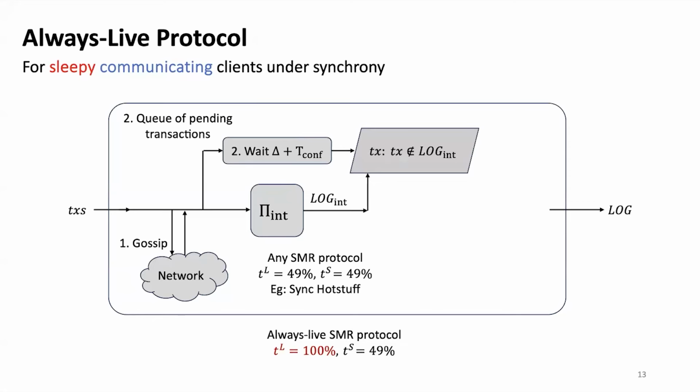Then we look at the transactions that are still unconfirmed, still pending after delta plus the confirmation time of that protocol. These are transactions that entered the system a long time ago and still for some reason haven't been confirmed. And since we always want to be live, we need to do something with these transactions.